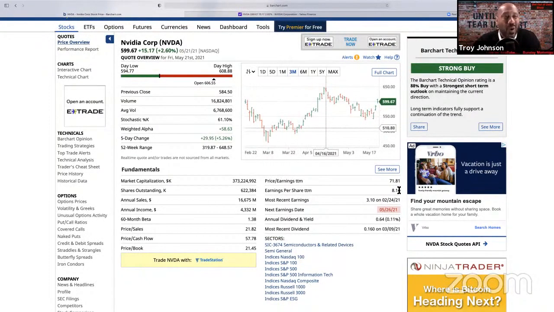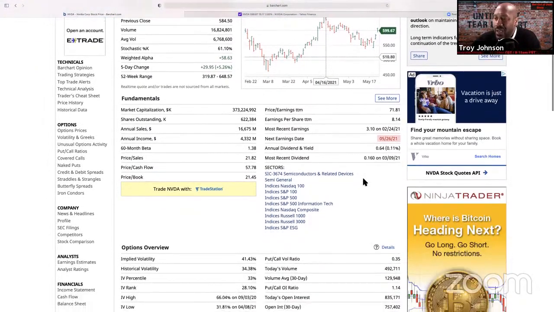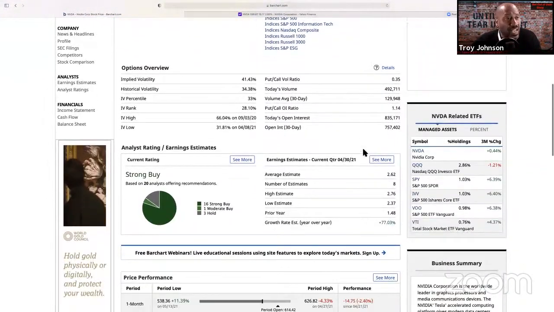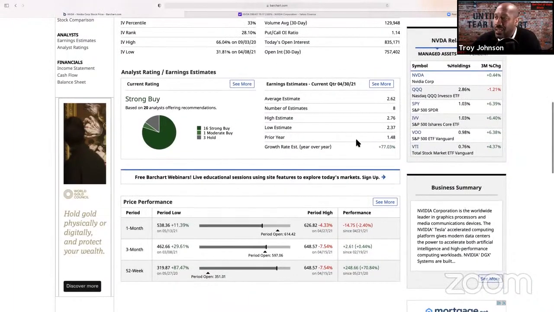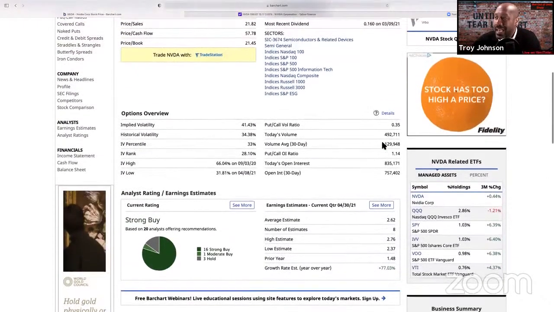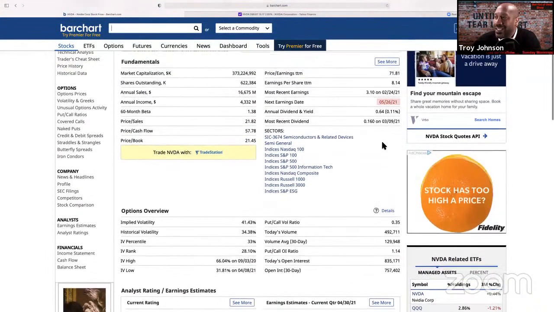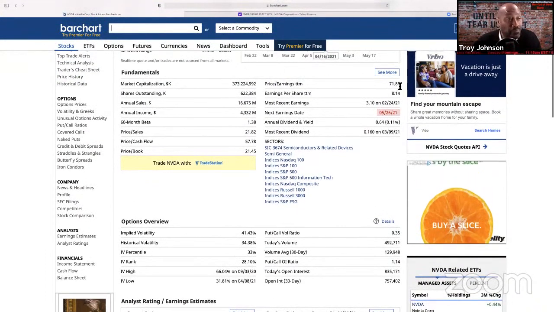So what does that mean? That means I should go down here and look at the projected growth rate for Nvidia. Over the past year, year over year compared to its past quarter, it grew 77%. Guess what? Look at this PE ratio.